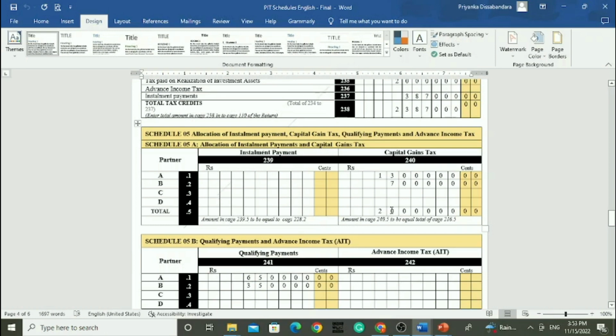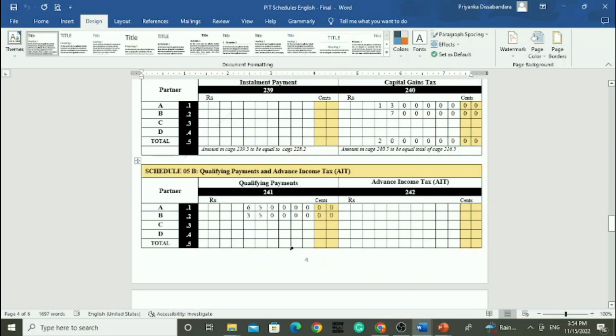Now we can allocate this 2 million tax paid by the partnership to partners Ms. Rasika and Ms. Tilaka at their profit sharing rate, that is 1.3 million to Ms. Rasika and 700,000 to Ms. Tilaka. We have to add the total payment amount.